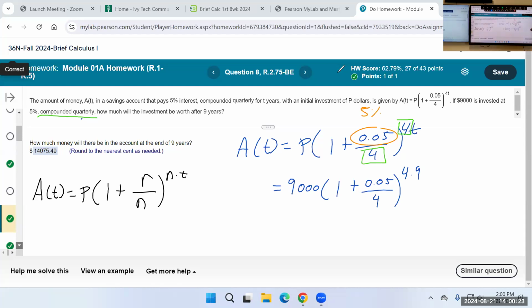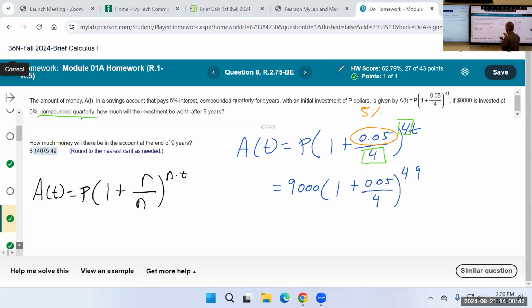So we have 9,000 times 1 plus 0.05 divided by 4, to the 4 times 9, which is 36.